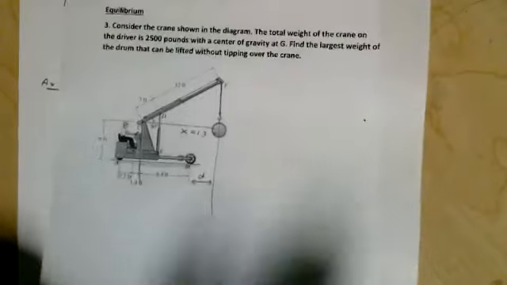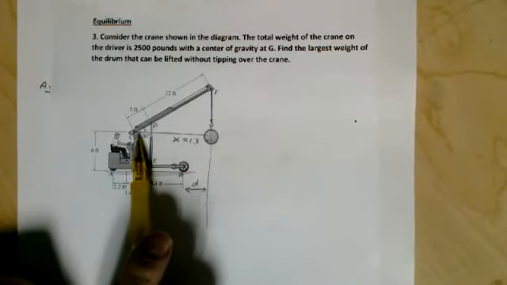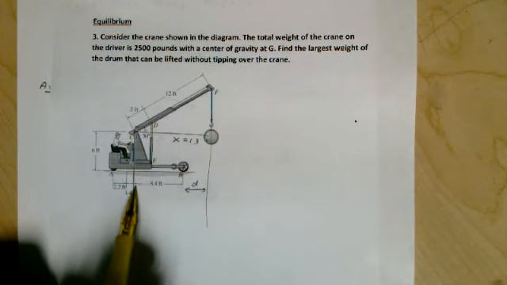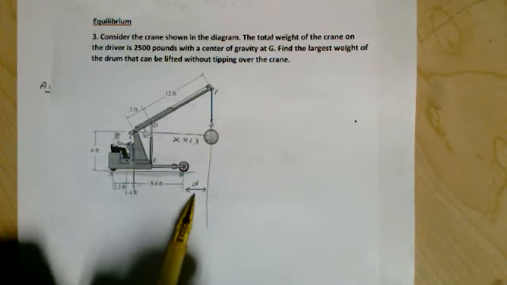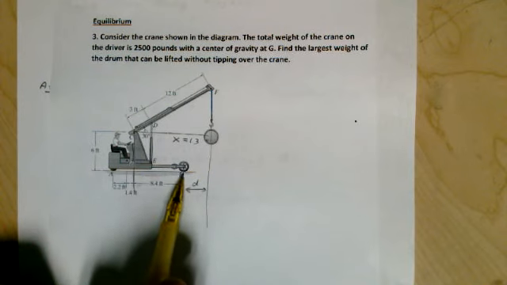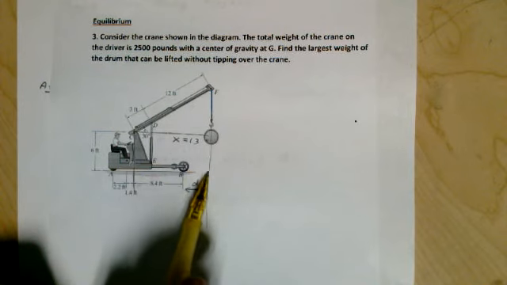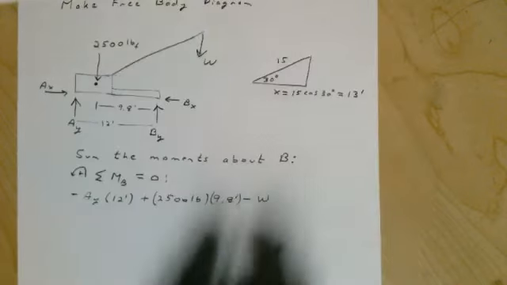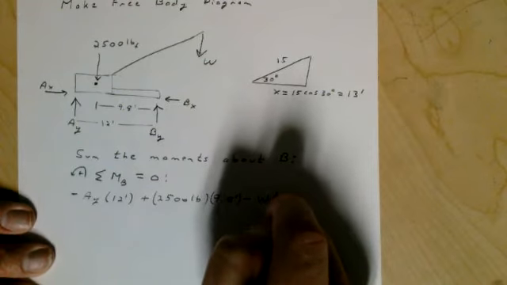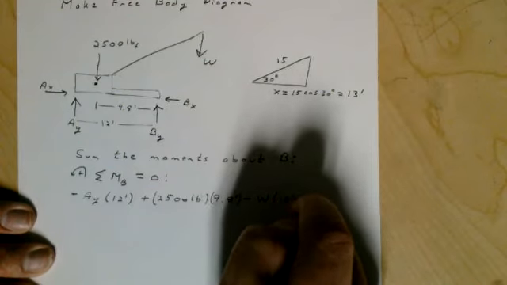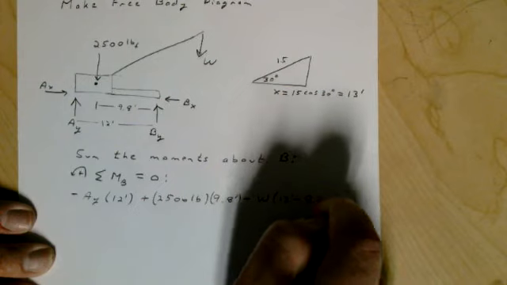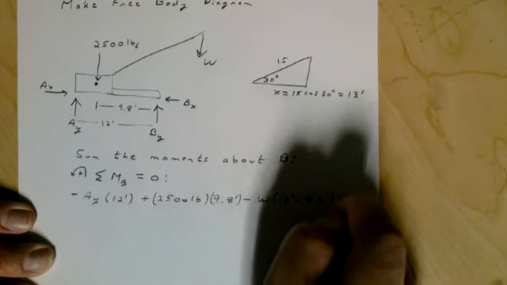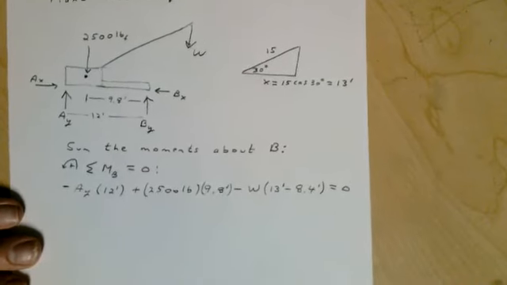As we said from this picture up here, we found that the distance from here to here was 13, and the distance here was 8.4. So D, the distance from B to our weight, is going to be 13 minus 8.4.